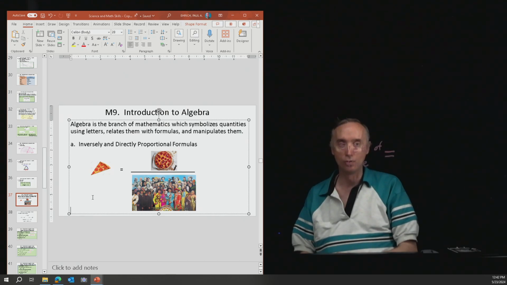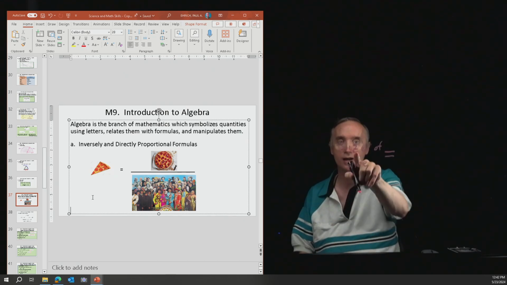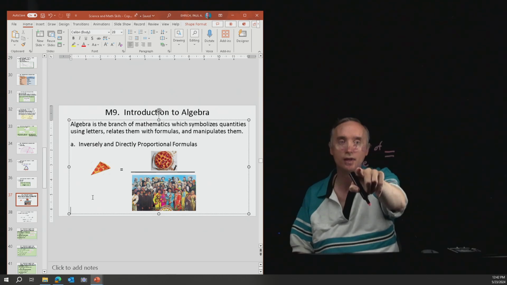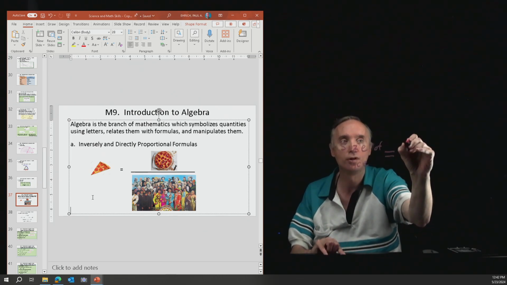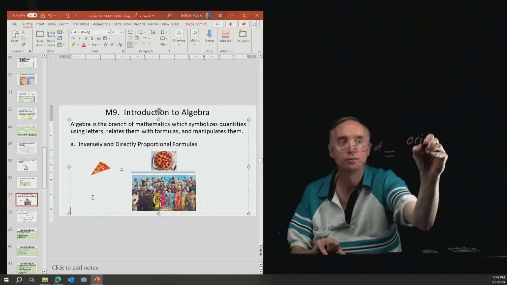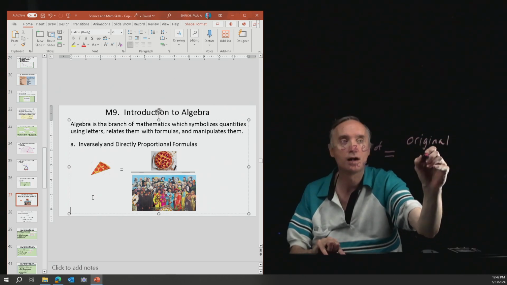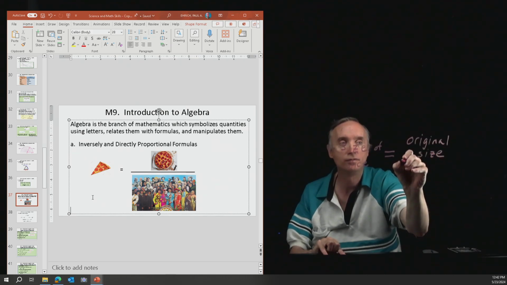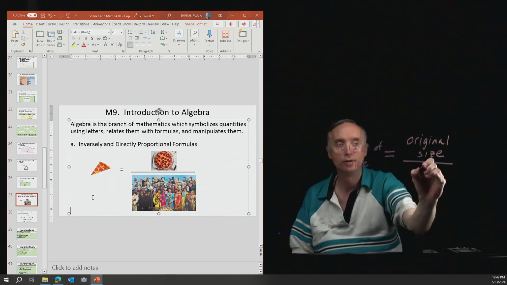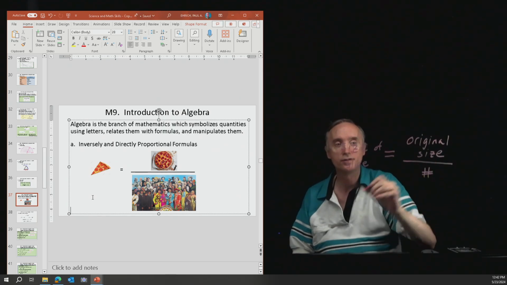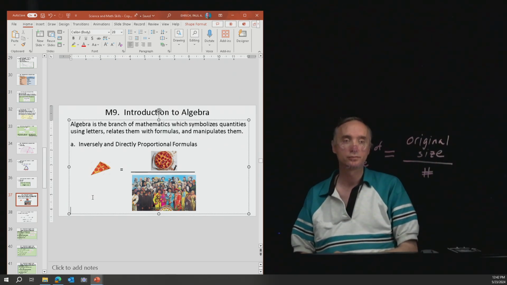So that's the whole pizza. So the size of the slice of pizza that you get depends on the original size of the pizza and then divided by what? The number of people that want to eat the piece of pizza.